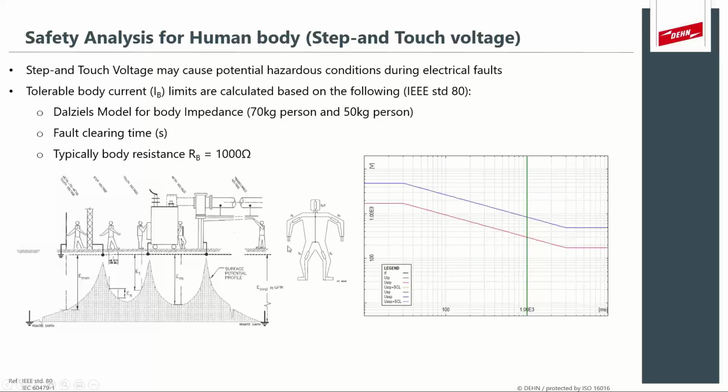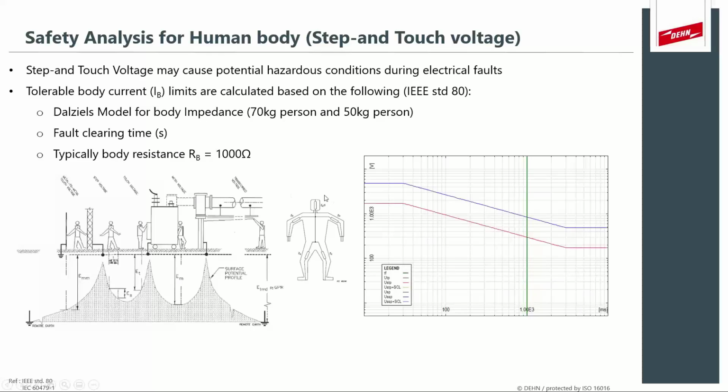And that can also cause ventricular fibrillation and electric shock. So if you look at our little stick man, this is referenced from an IEC standard, also for human step and touch limits. You can see that the current will flow from the hand down to feet. And that also causes touch potential and electric shock.